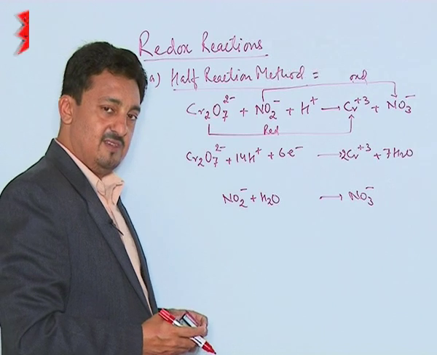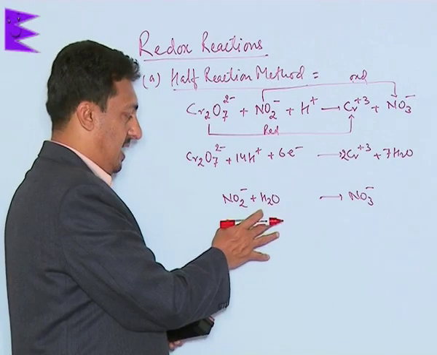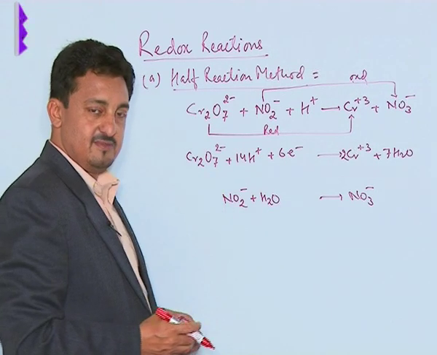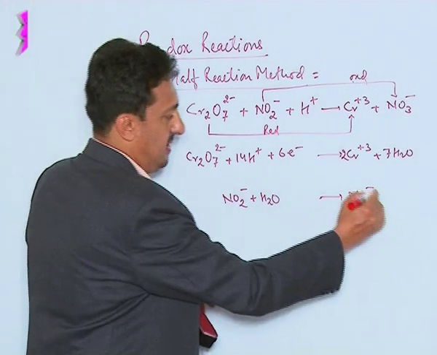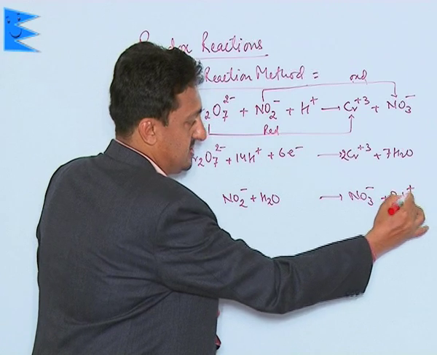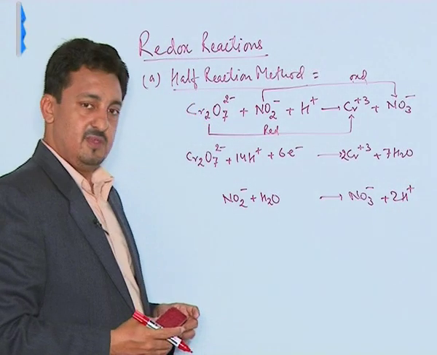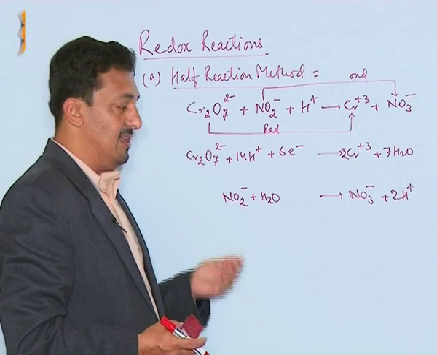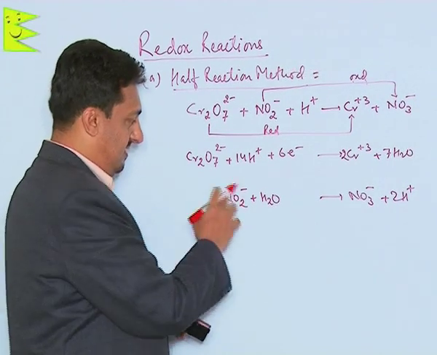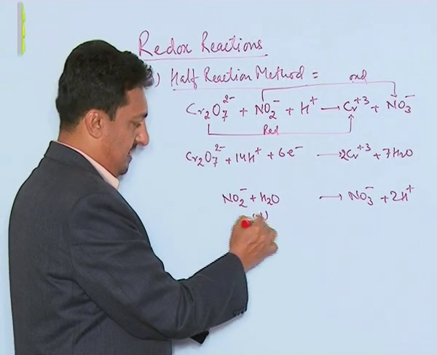They get balanced, but the left hand side acquires 2 hydrogen atoms. Since the medium is acidic, how is hydrogen balanced? By putting 2 H plus ions on the right hand side. So this is how the atoms get balanced. Let us balance the charges. This side only 1, so it's minus 1.